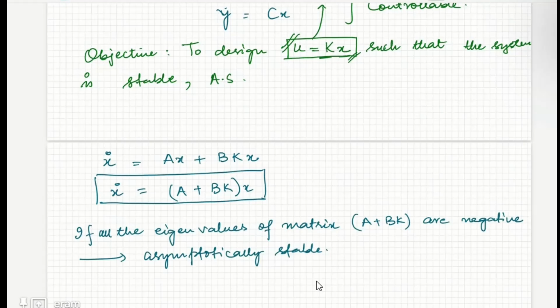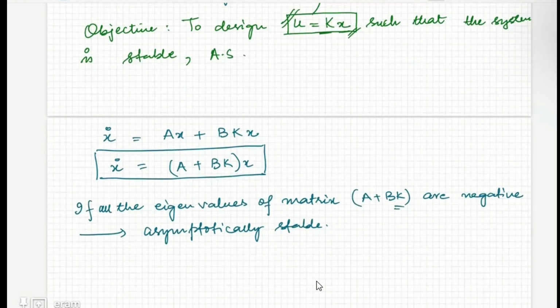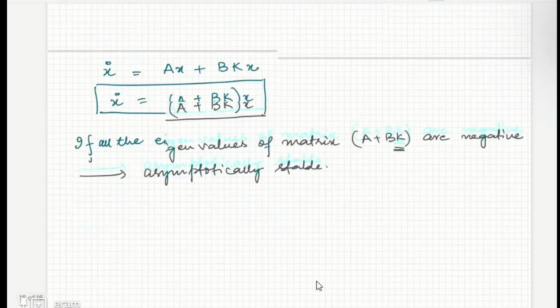Okay, so this we already know. So based on this concept, we design the gain matrix K such that the closed loop system is asymptotically stable.